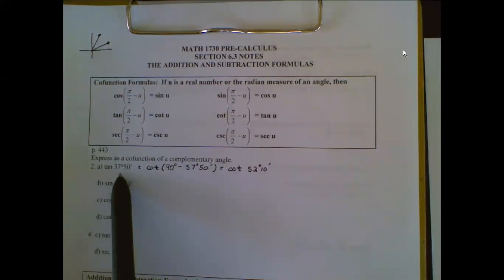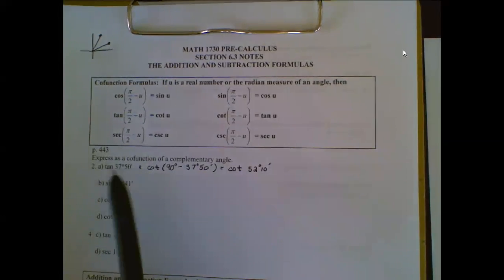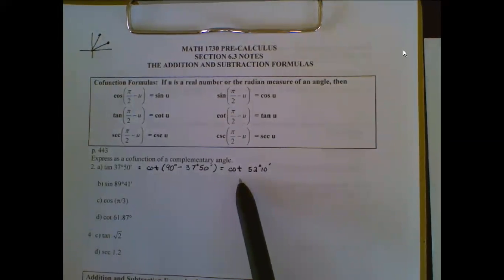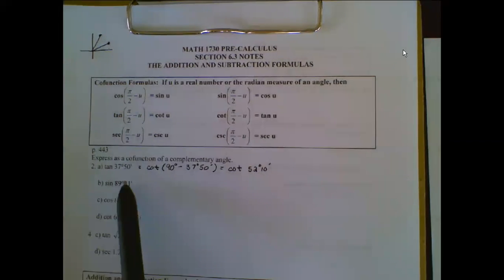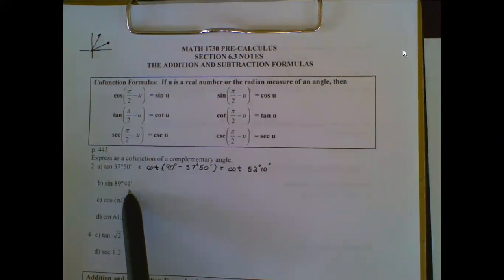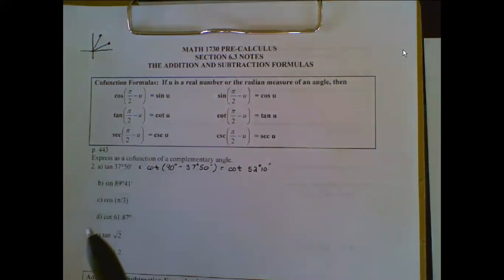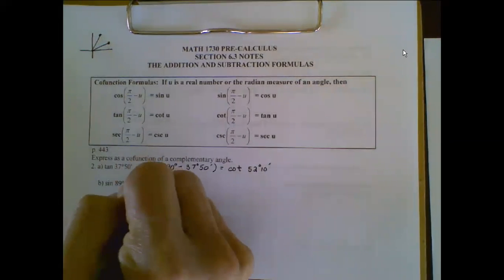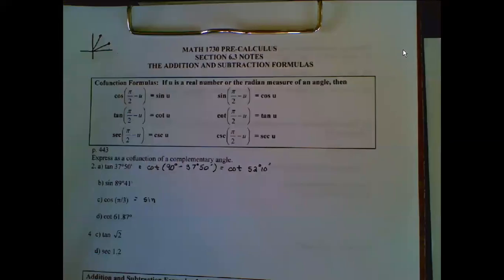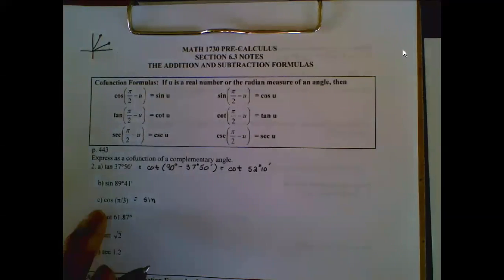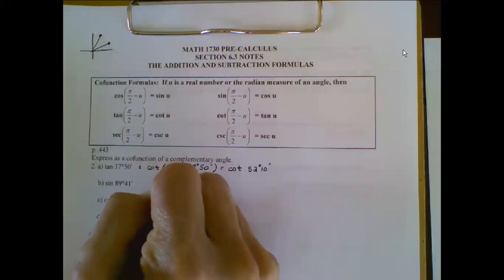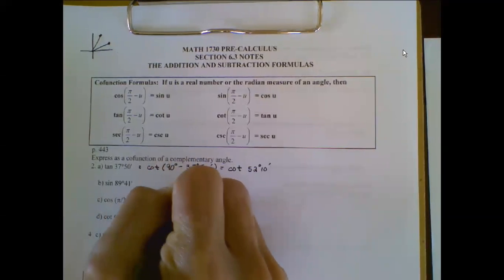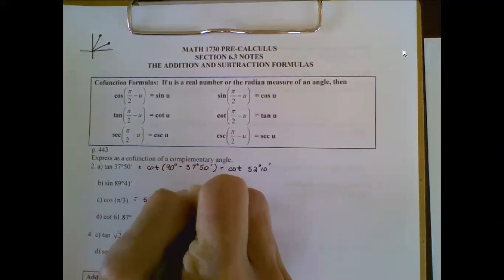So we've already done the A part here. The tangent of 37 degrees 50 minutes is the same value as the cotangent of 52 degrees 10 minutes. I'm not even going to do the B part because it's the exact same thing. The C part, cosine is the cofunction of sine. So whatever cosine is at pi over 3, sine's going to be the same thing at pi over 2 minus pi over 3.